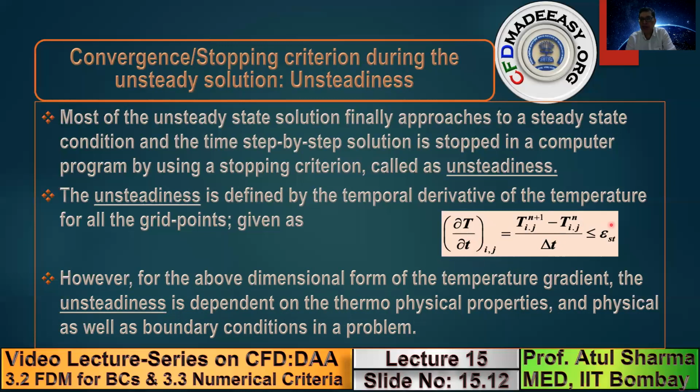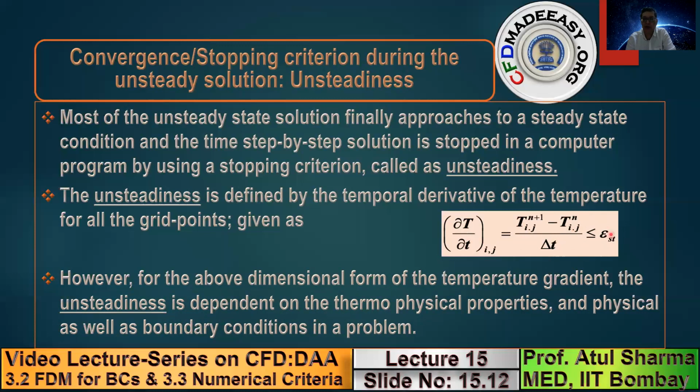Then this convergence tolerance that you need is dependent on the material. Let us suppose for copper, if I'm using 10 to the power minus 4, I'm getting the steady state criteria.